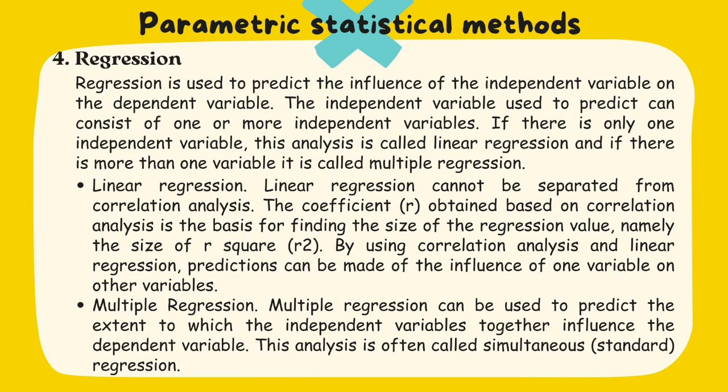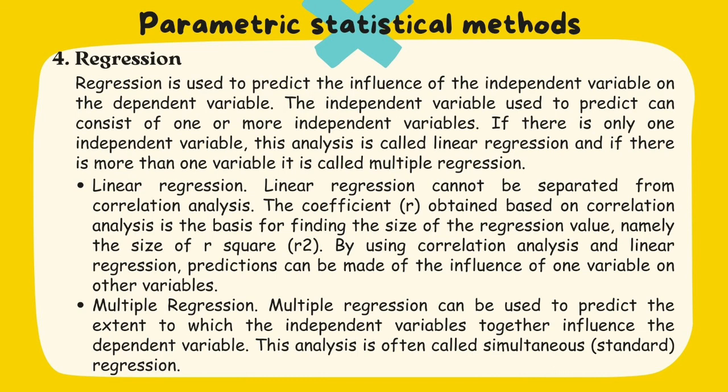Linear regression. Linear regression cannot be separated from correlation analysis. The coefficient obtained based on correlation analysis is the basis for finding the size of the regression value, namely the size of R-squared.